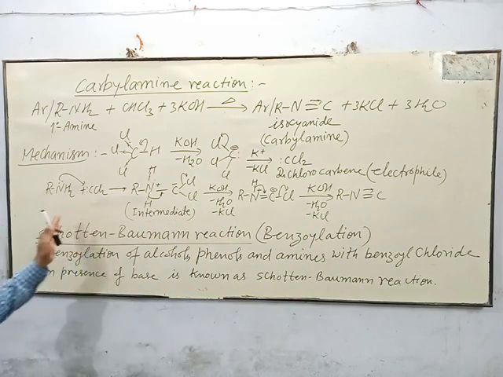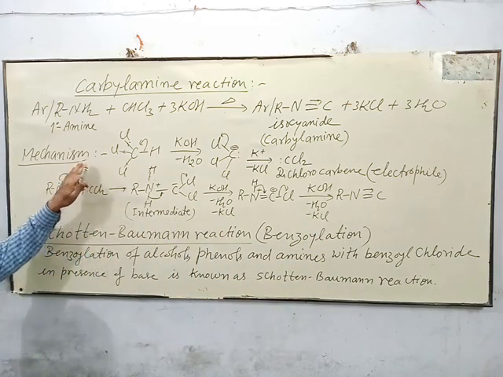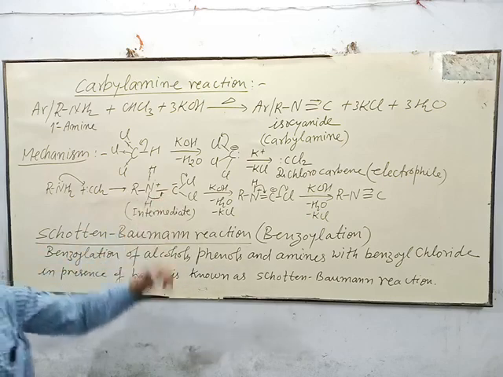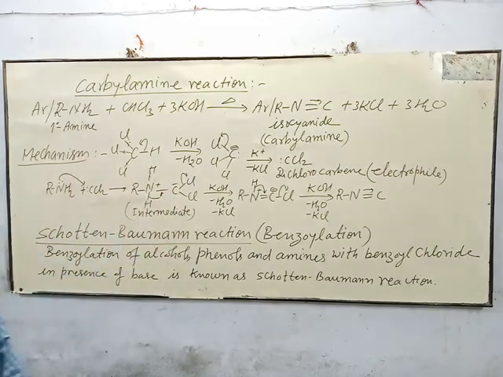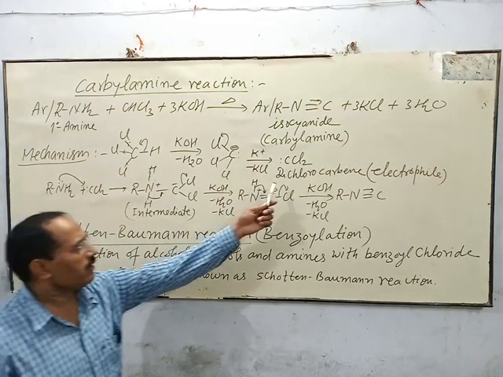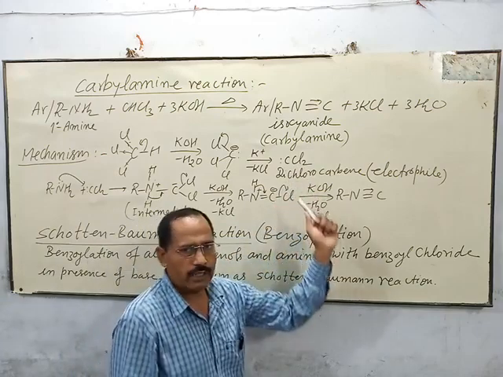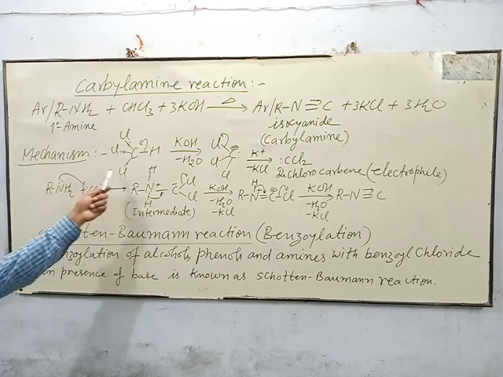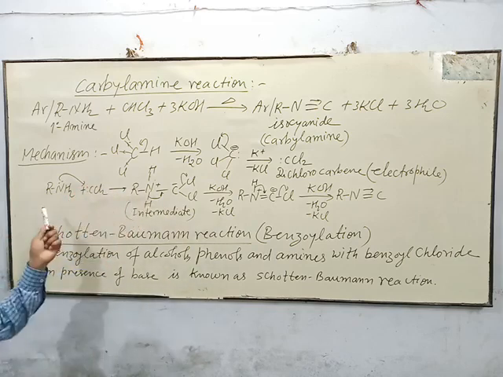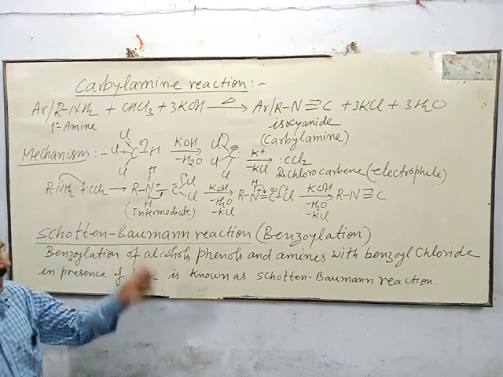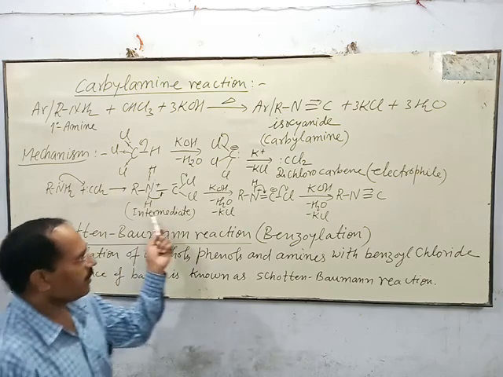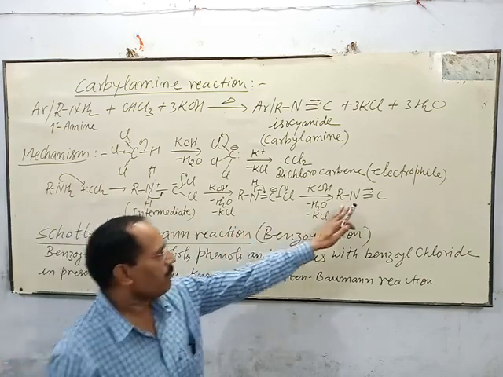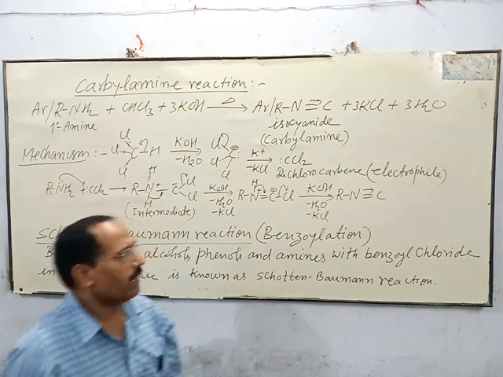This way the carbylamine reaction takes place through the formation of carbene, which is the electrophile in this reaction. The first step is the formation of the electrophile, and the second step is the attack of the electrophile, leading to the formation of the final product, isocyanide.